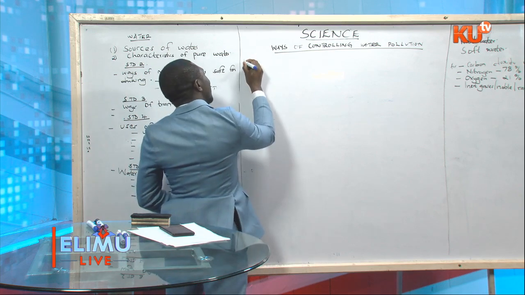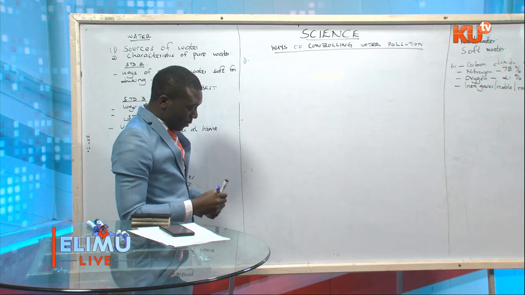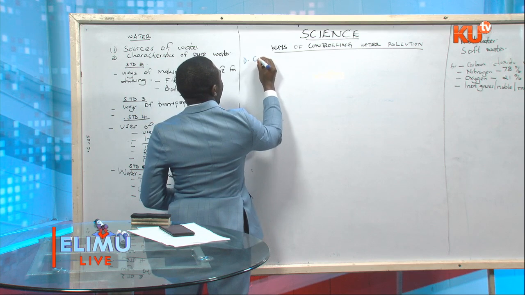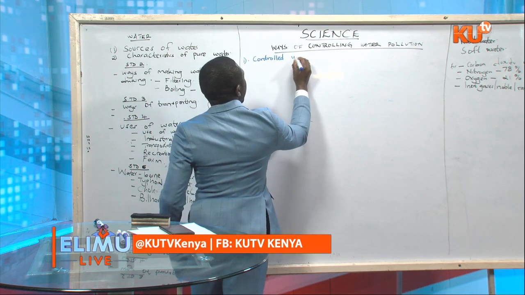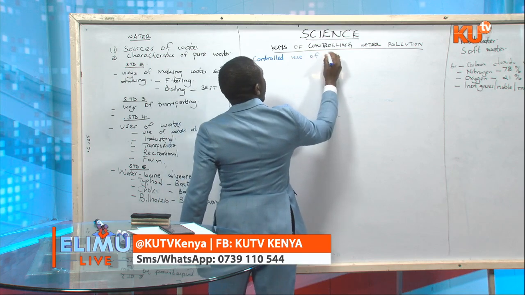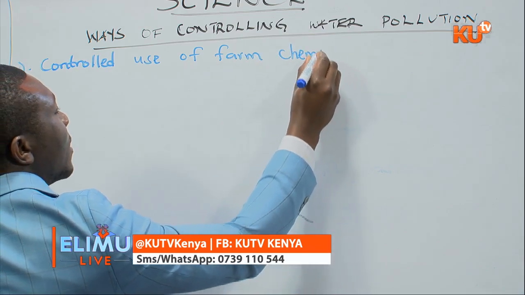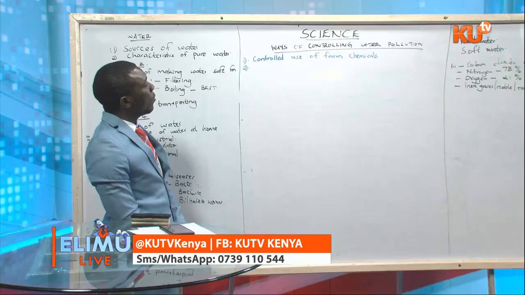If you are using excess fertilizer, the only thing you need to do is controlled use of farm chemicals. Don't use a lot of farm chemicals like fertilizers and herbicides in the farm, because they'll cause what we call a scorching effect.